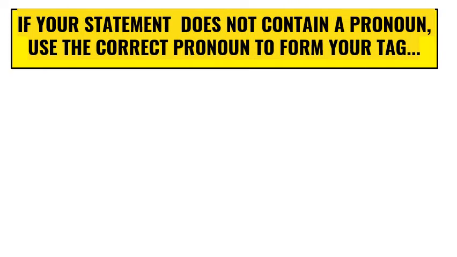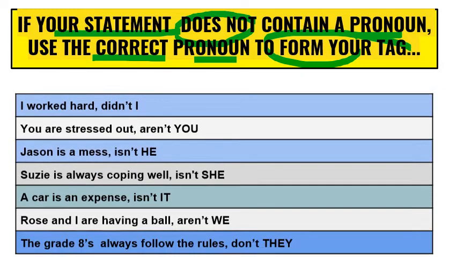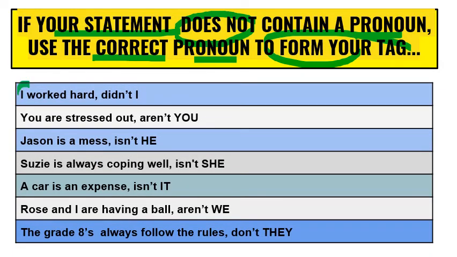Now, what do I do when my statement does not contain a pronoun? Then I must be able to pick the correct pronoun in order to form my tag. So here you're going to have to do a bit more thinking for yourself. I worked hard, that stays, didn't I?